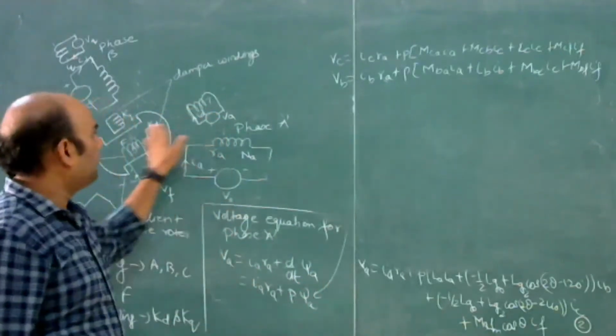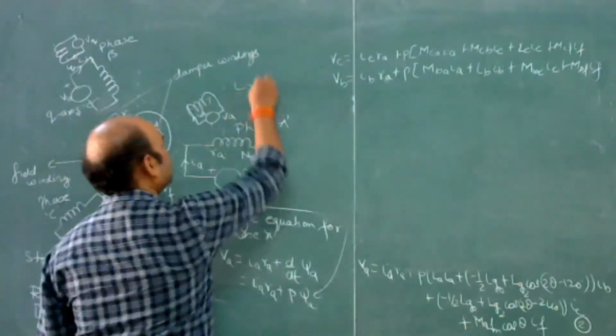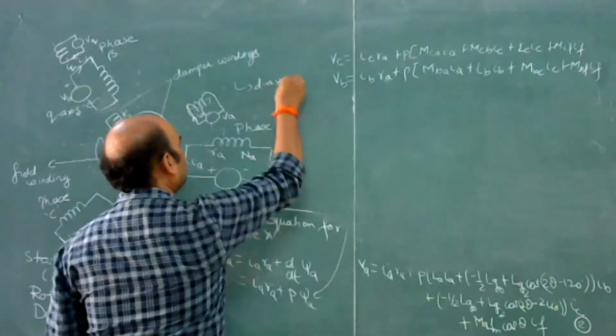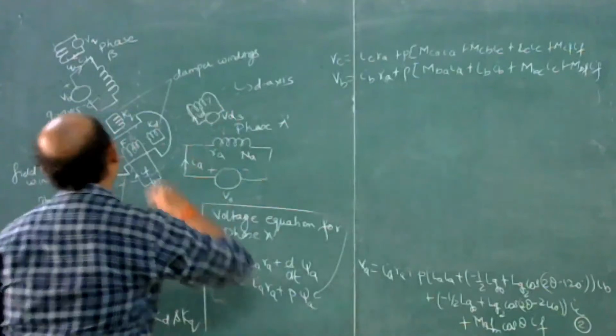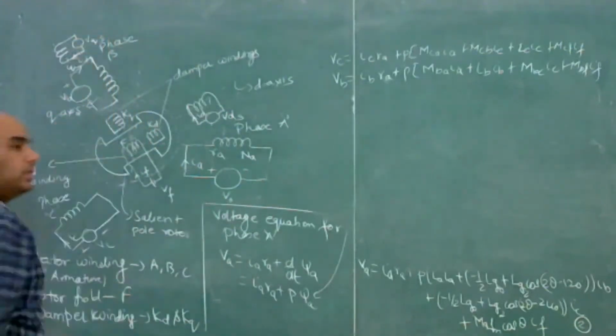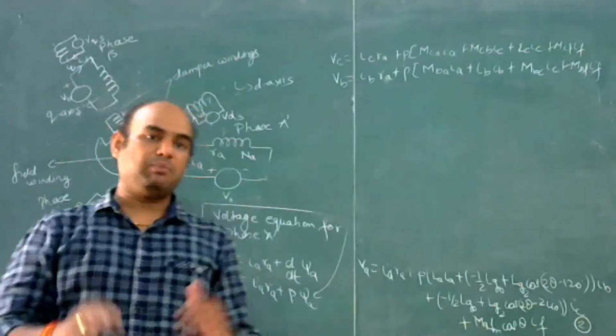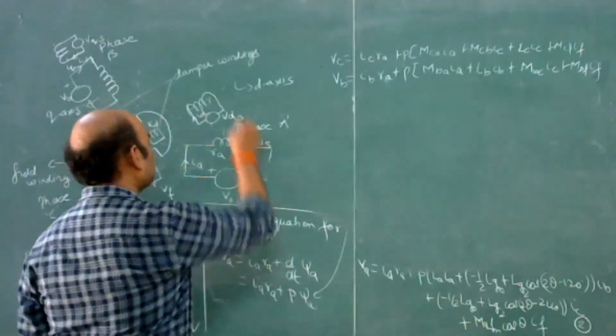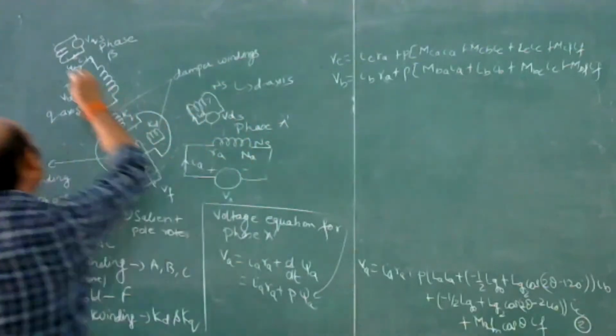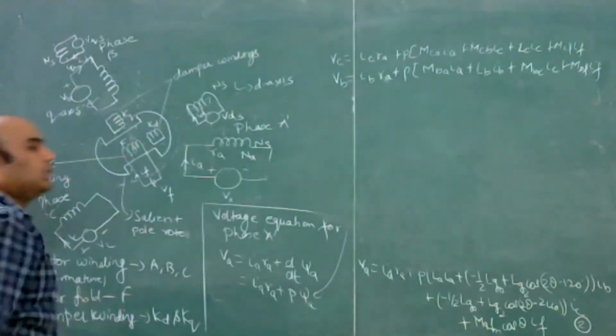So VDS for stator and VQS for stator, and they will have the same number of turns. If this has Ns number of turns, this will also be Ns number of turns, and this will also be Ns number of turns.